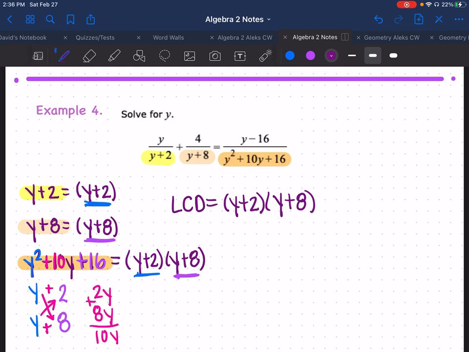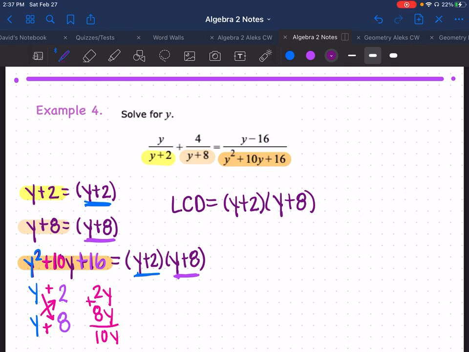So what I am going to do to solve, because this time they're asking me to solve, they're not asking me to add, they're not asking me to subtract like last time, they're asking me to solve. So I am going to multiply both sides by the least common denominator because that will make my denominators disappear and I will get just an equation.